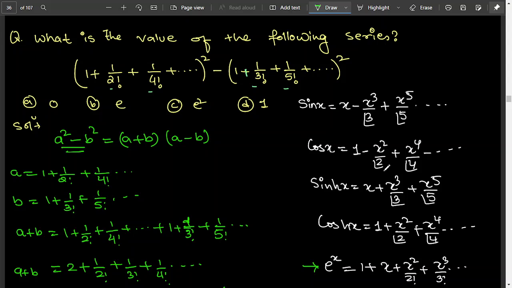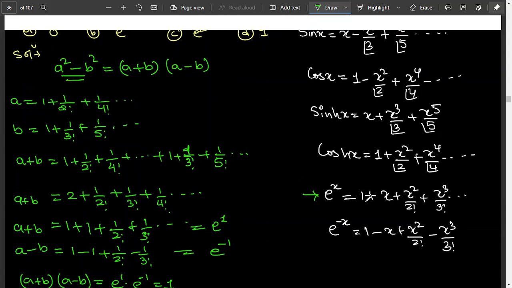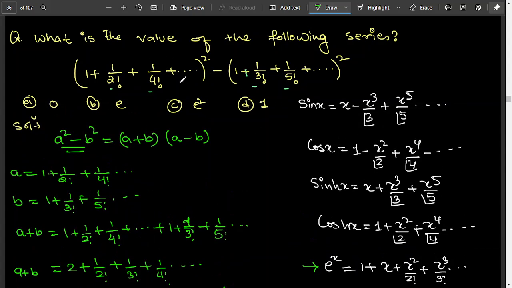First term is equivalent to cos 1. So if I somehow convert this one, look at this one, all the terms are positive here, and for hyperbolic functions these are all positive. So if I replace the expansion of this one and this one with hyperbolic of sine and cos, I'll write it here itself.